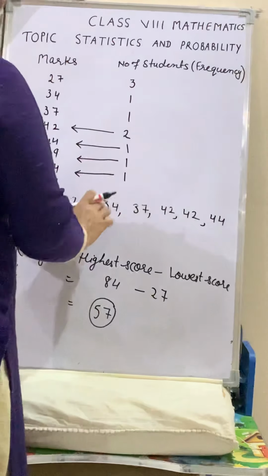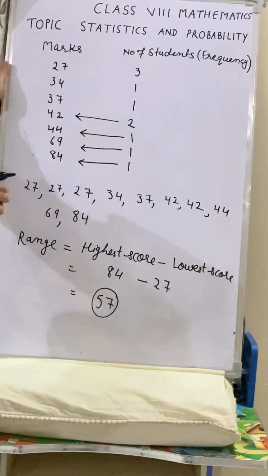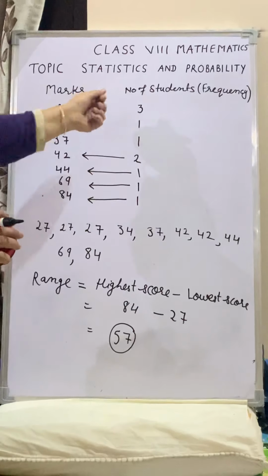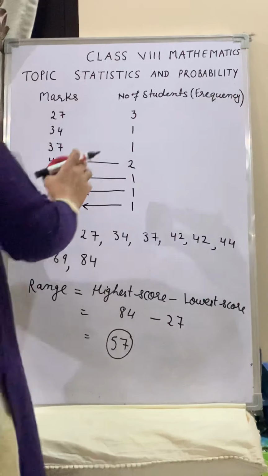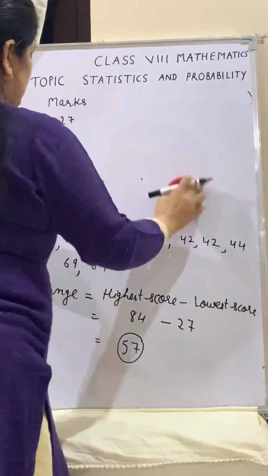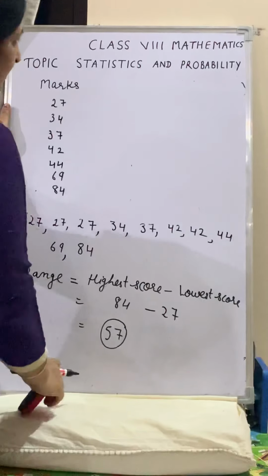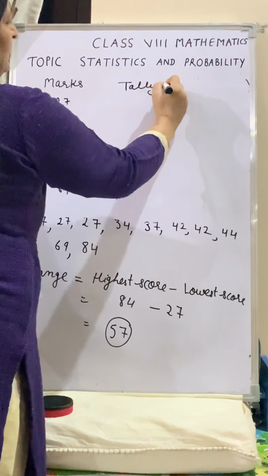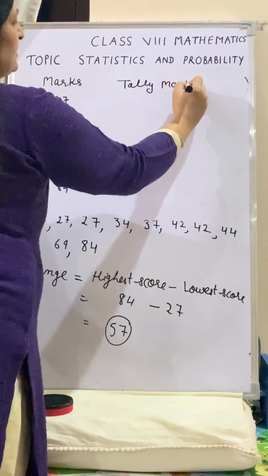Now present this arrangement, which is in tabular form, with frequency. We will use tally marks here also. How? You know very well how to write tally marks.